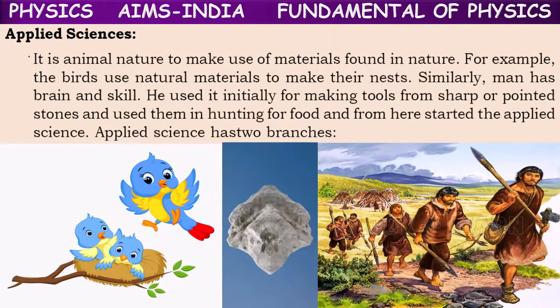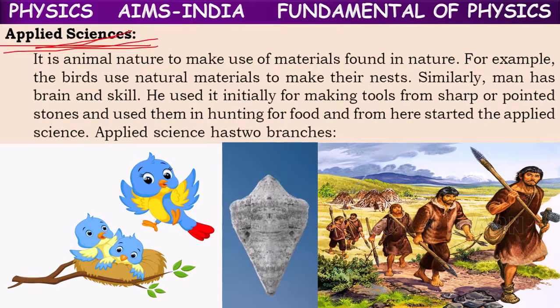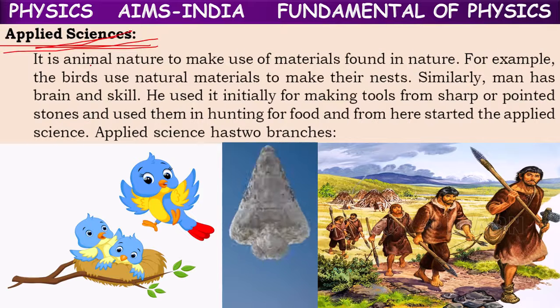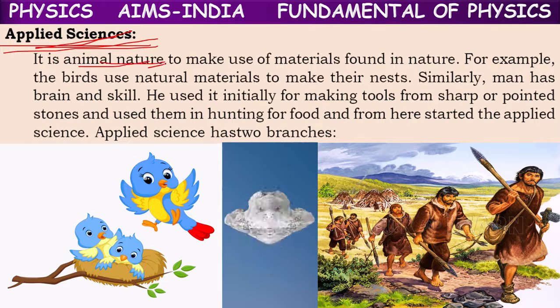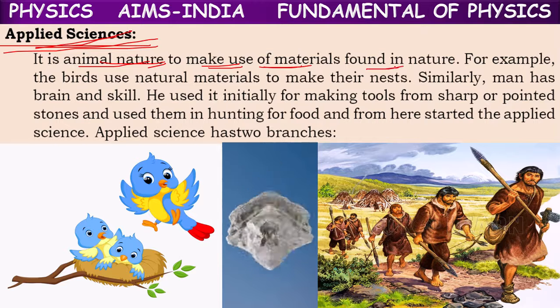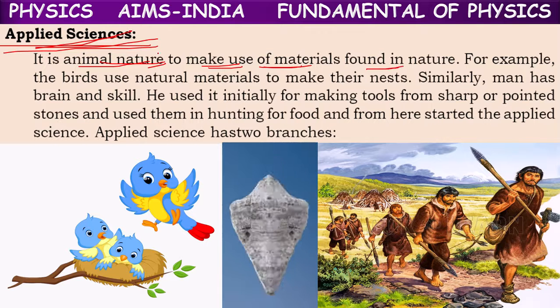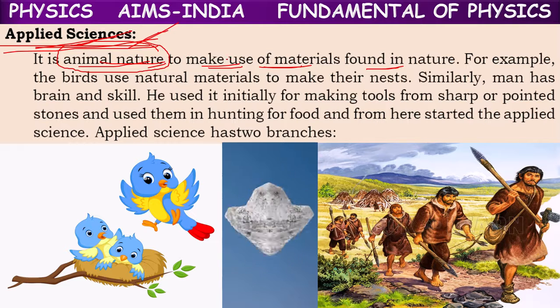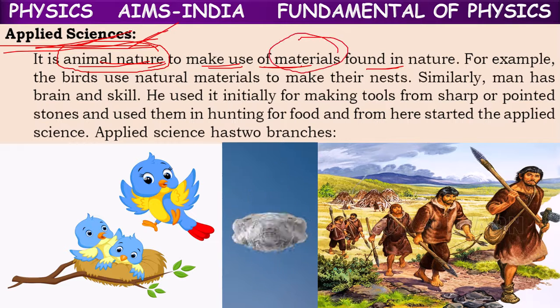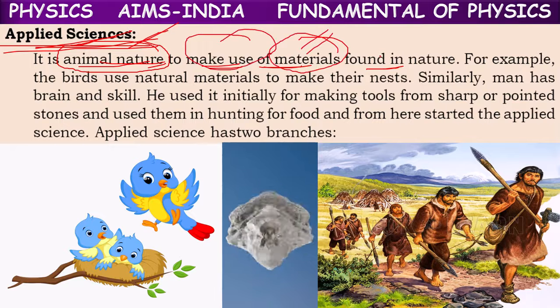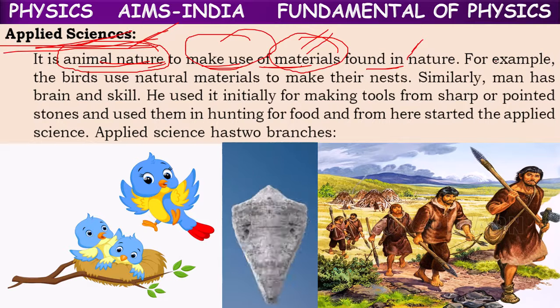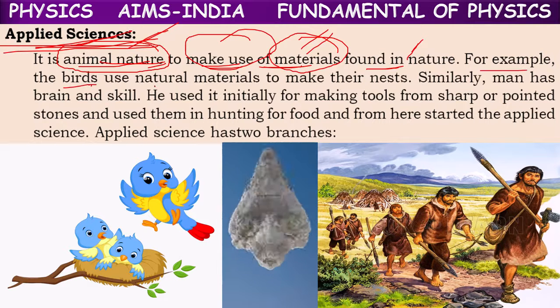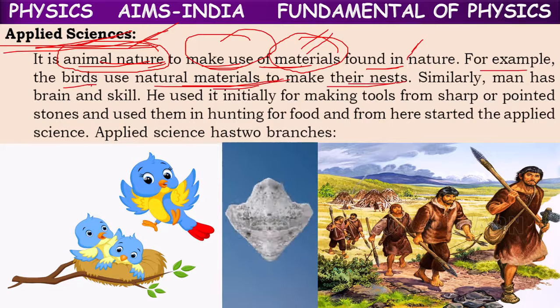So next we have applied sciences. It is animal nature to make use of materials found in nature. Every living being has one kind of animal nature, which is the main reason to make use of different materials found in nature. Actually, birds use natural materials to make their nests, for protecting their breed.